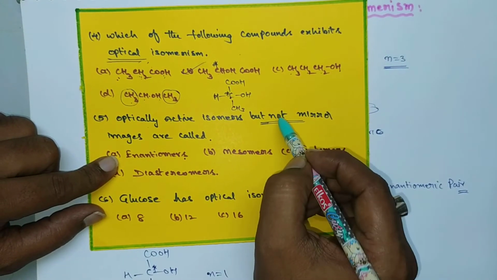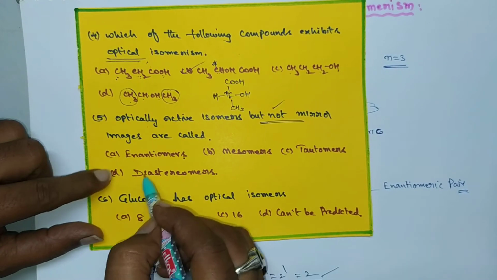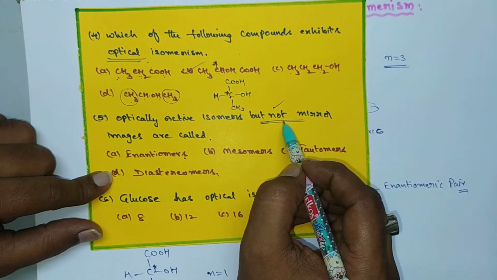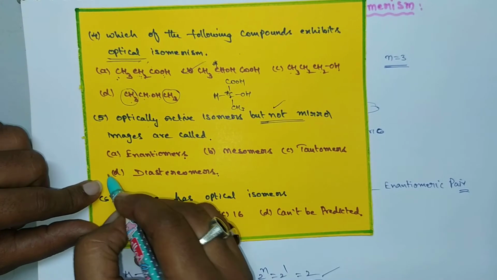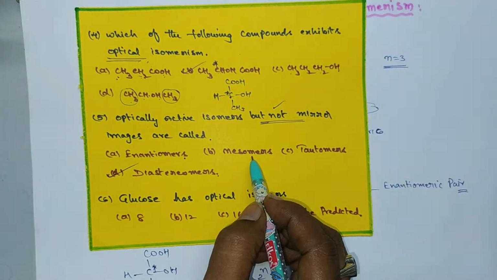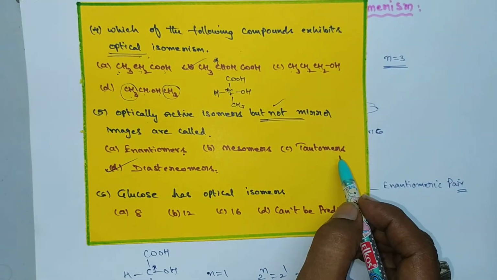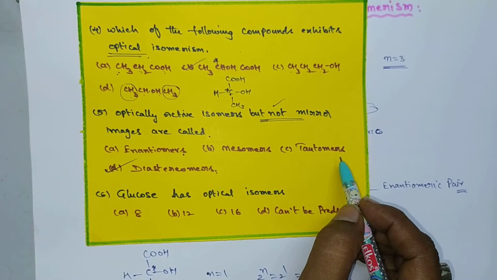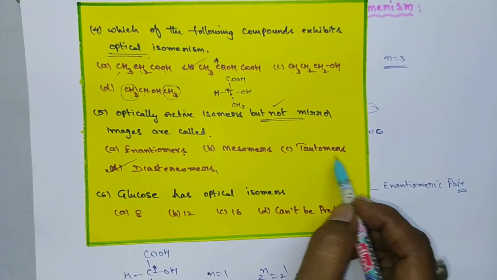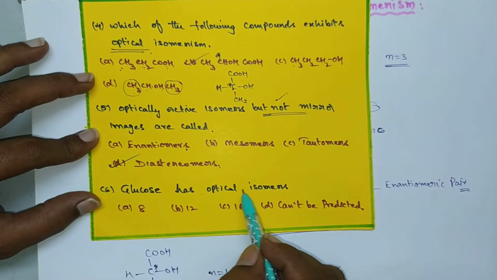Here he asked for not mirror images, so not enantiomers. It is diastereomers, because optically active isomers which are not mirror images are called diastereomers. Mesoforms will not possess any optical activity. Tautomers exhibit tautomerism, that means the isomerism which arises due to migration of H plus ions. Okay, and next, glucose has optical isomers.